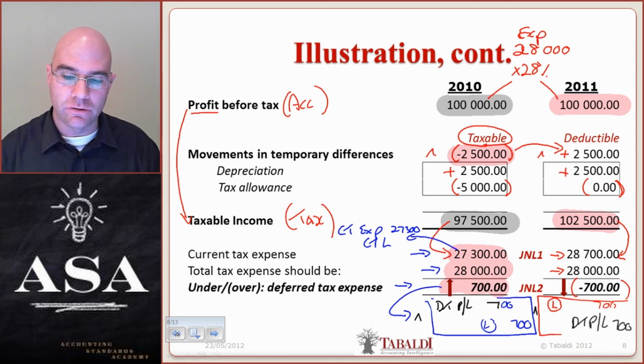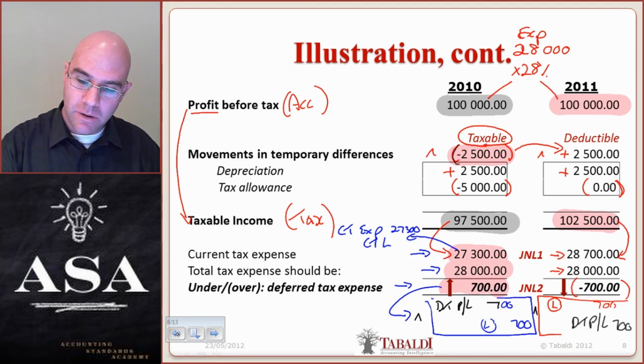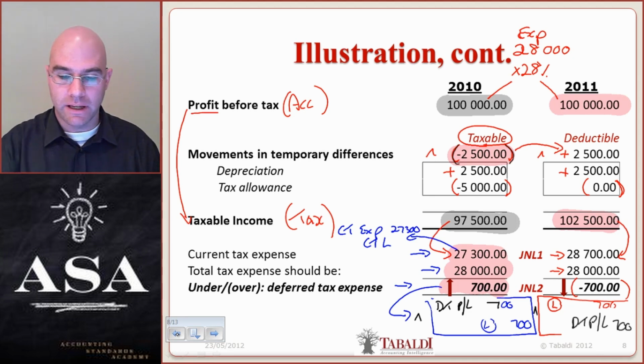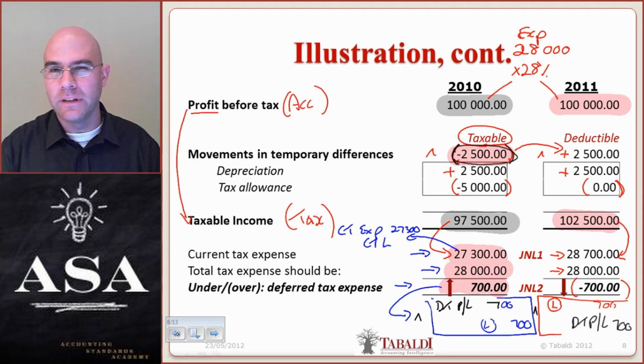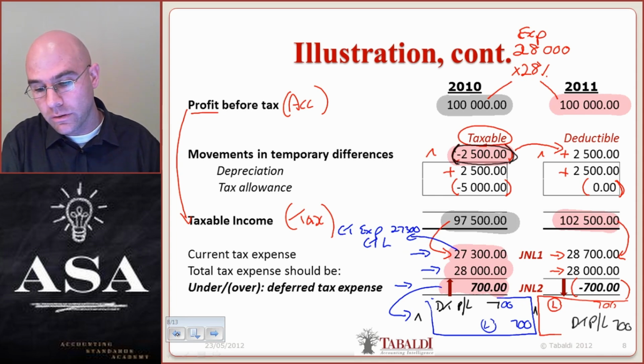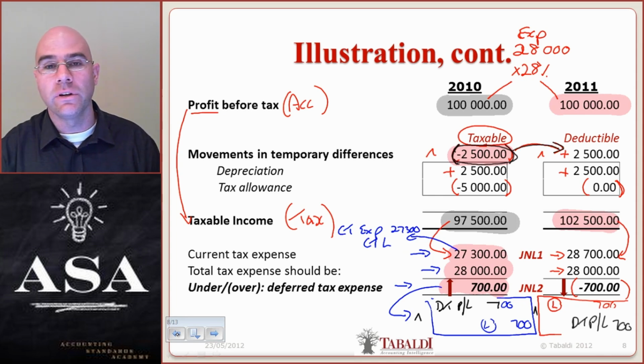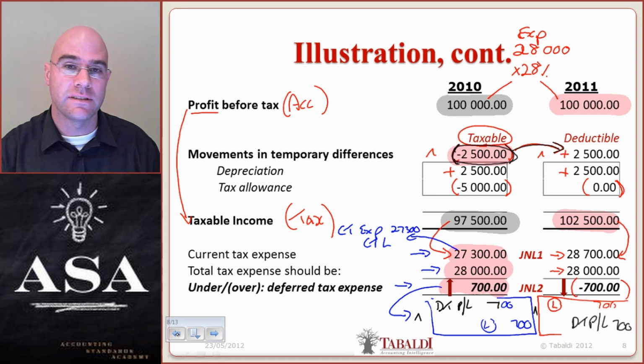The check that I always use is taking my movements in temporary difference in my current tax comp. I look at that negative 2,500. I know negative here means that I've decreased taxable income this year. Therefore, when it reverses in the future years, it will increase taxable income and therefore increase tax expense.